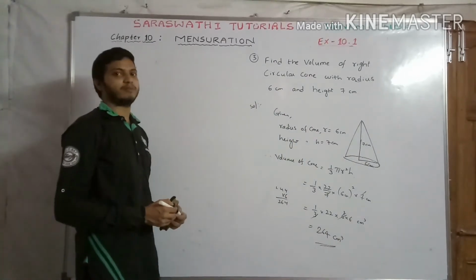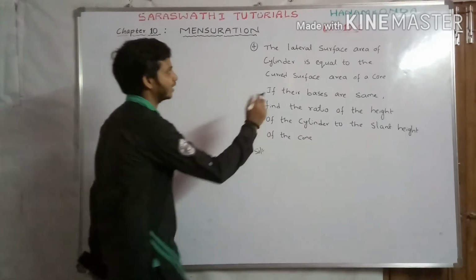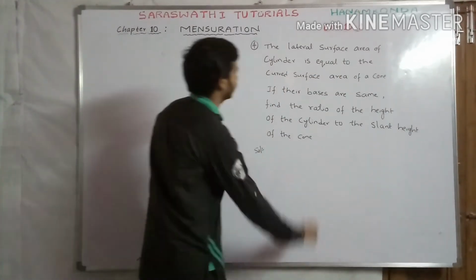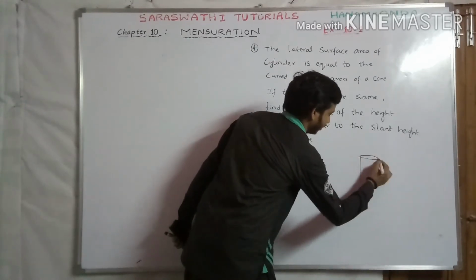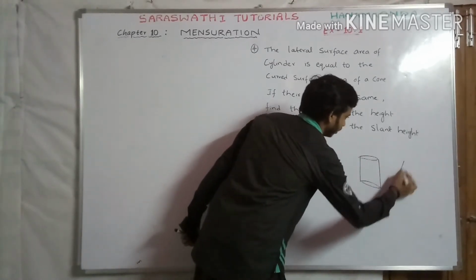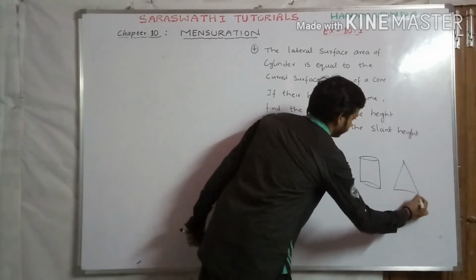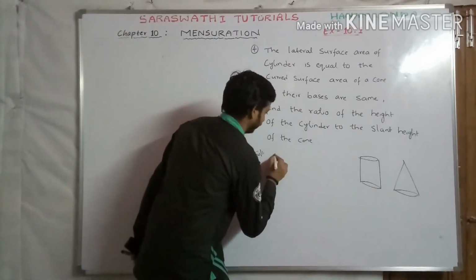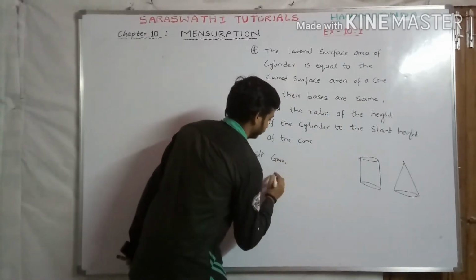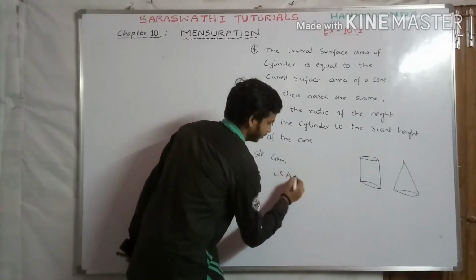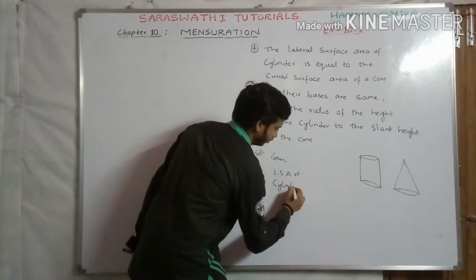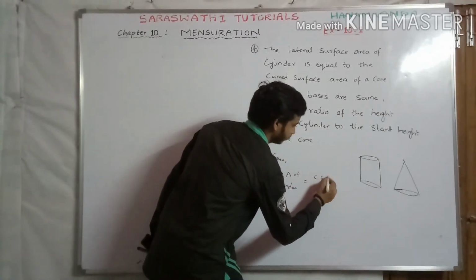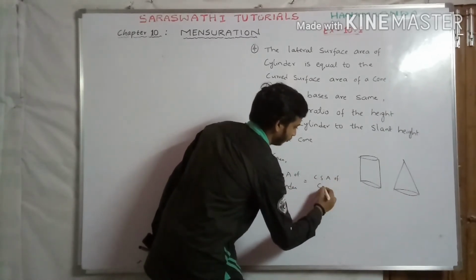Okay, we shall discuss the next question. The next question is, the lateral surface area of the cylinder is equal to the curved surface area of the cone. So draw a cylinder and a cone. It is given that the lateral surface area of the cylinder equals the curved surface area of the cone.